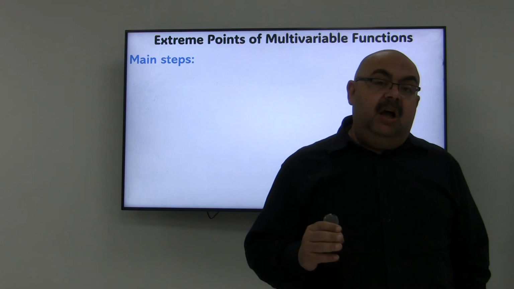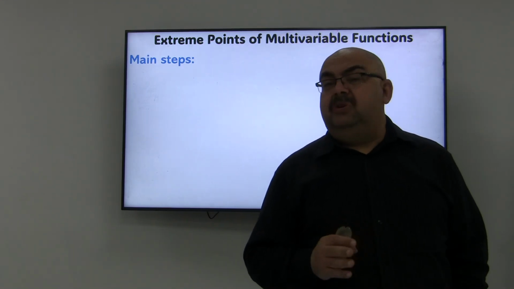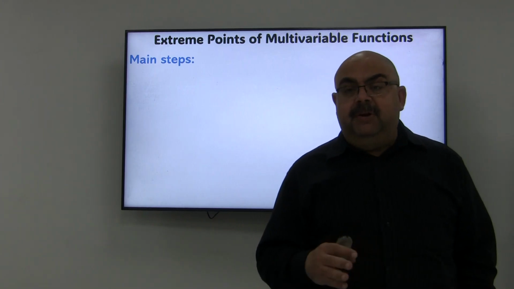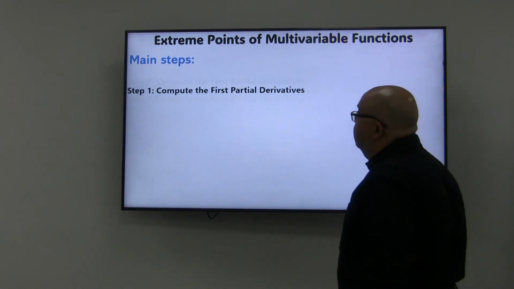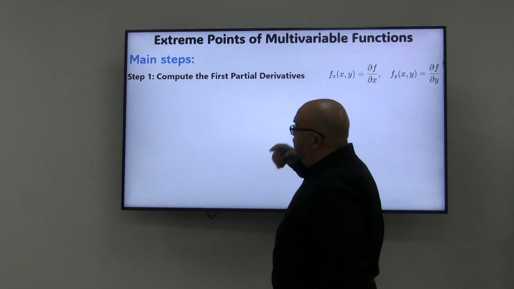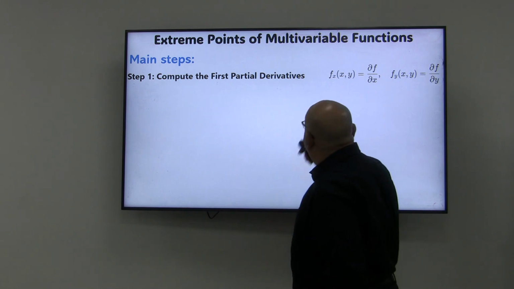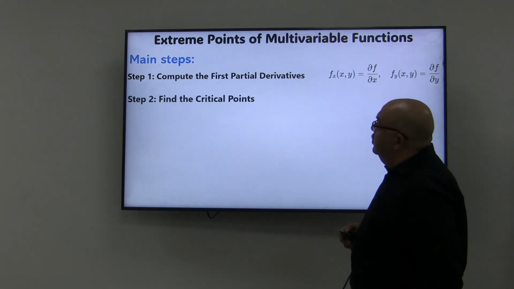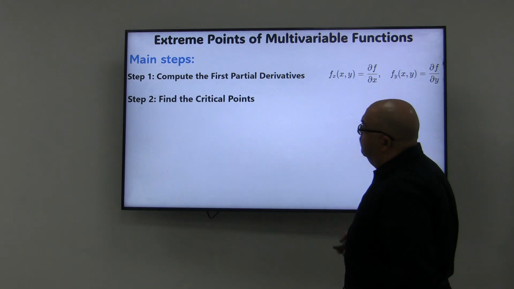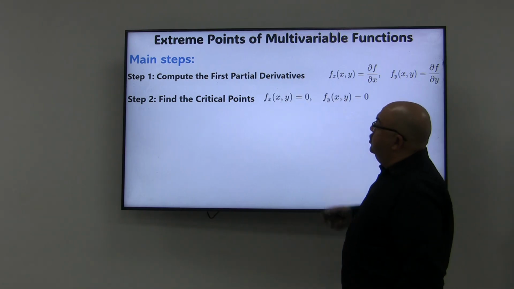I believe it's beneficial for people who don't feel comfortable around the principal minors and so on. Let's see the steps. The first step is to compute the first partial derivatives, the gradient vector, and put them equal to 0, exactly like the previous steps. These are going to be the critical points.